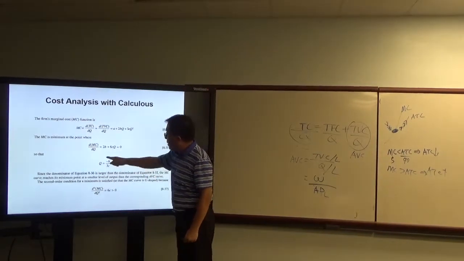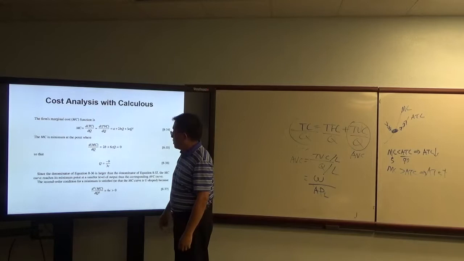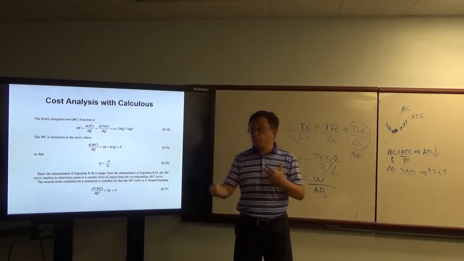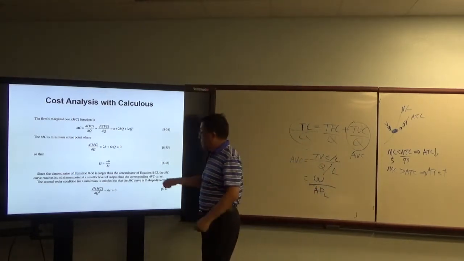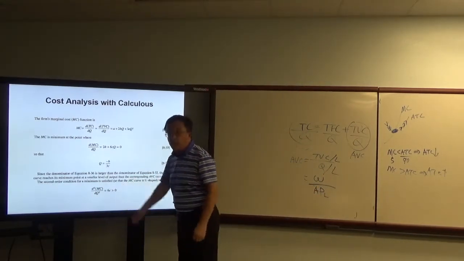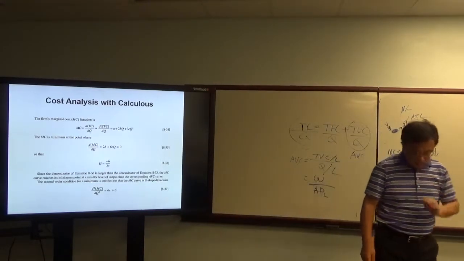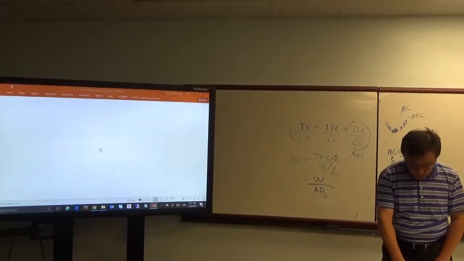Then the output level, you can find out. But sometimes you may have two roots here. So which one is the solution? It depends on whether the second derivative is positive or negative. But probably we will go through with the questions here.